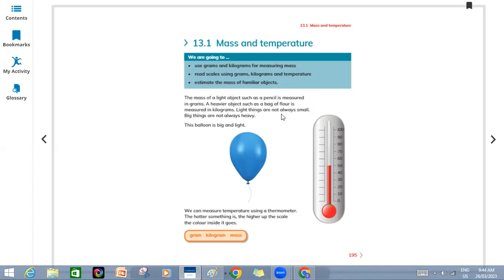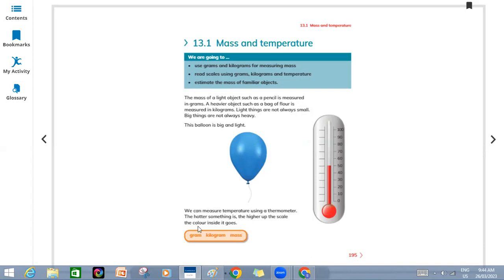Light things are not always small. Big things are not always heavy. The balloon is big and light. So not all big things are heavy and not all small things are light.